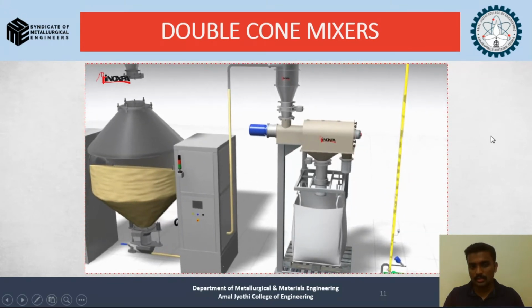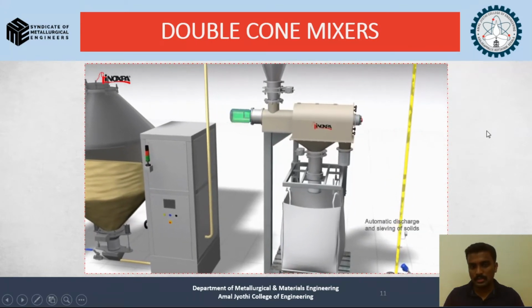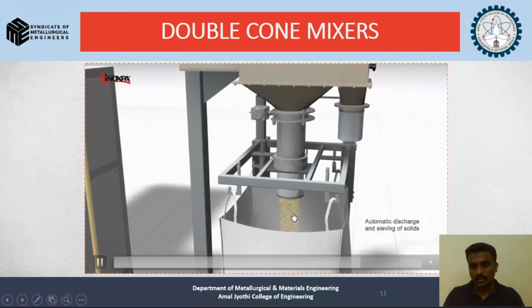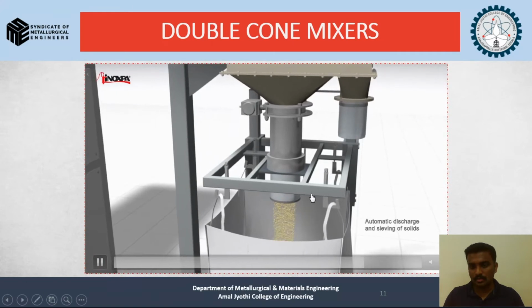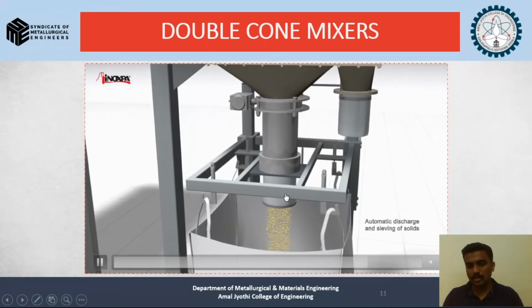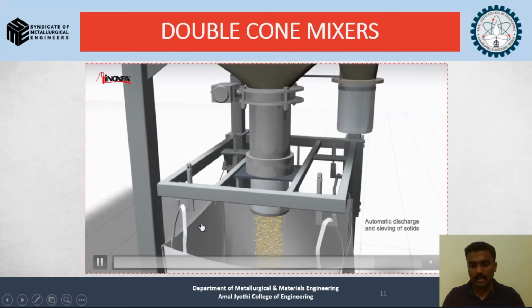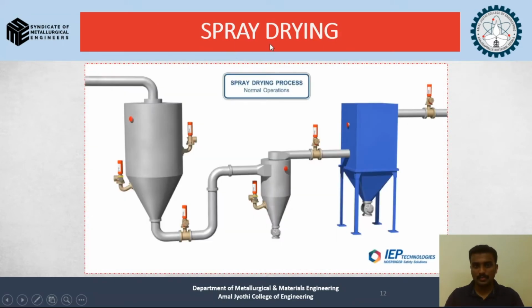This will ensure that the process is carried out in an inert atmosphere. Now comes the sieving operation. Automatically the material will be distributed into some bins, and from there the further process is carried out. So this particular process, spray drying, is being used for oxide dispersion strengthened alloy, and we can observe this particular method with the help of this video.